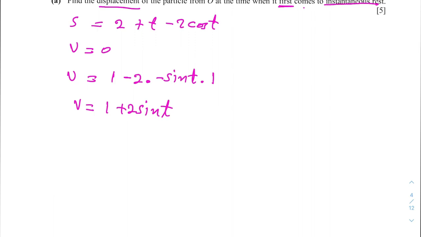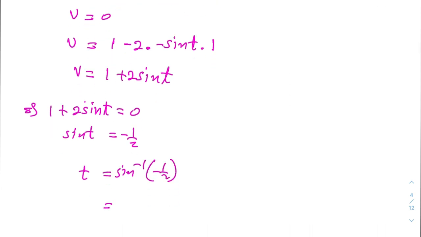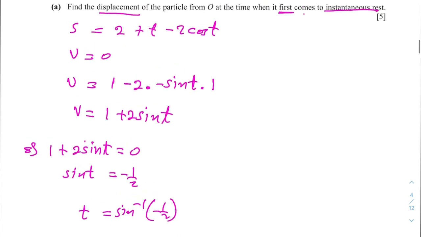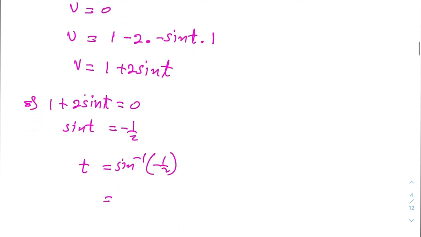Now we are saying that the velocity is 0, so that implies that 1 plus 2 sine t is equal to 0. That means that sine t is equal to negative half, and then we can say that t is equal to sine inverse of negative half. Now, hear me out here. Whenever you are working in kinematics, things like this, angles are in radians.